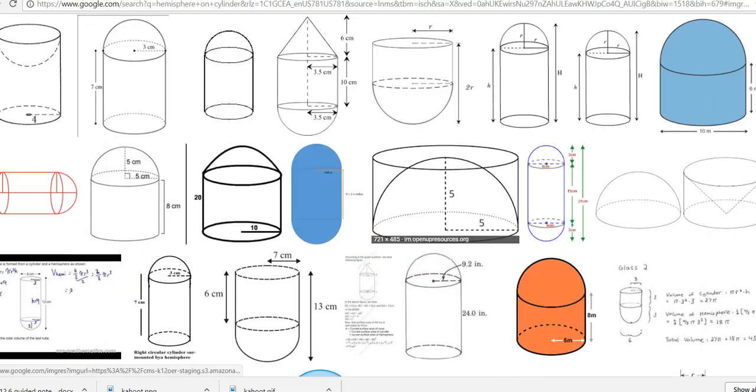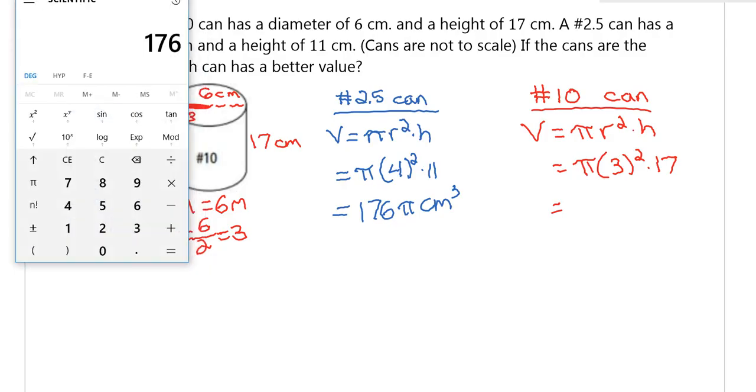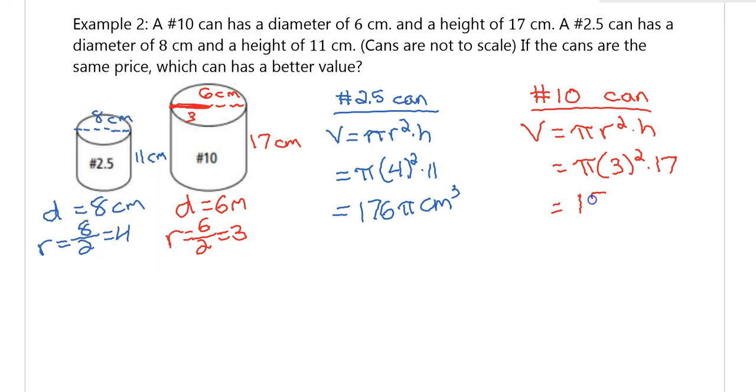So that's 3 squared times 17. And I get 153 pi.